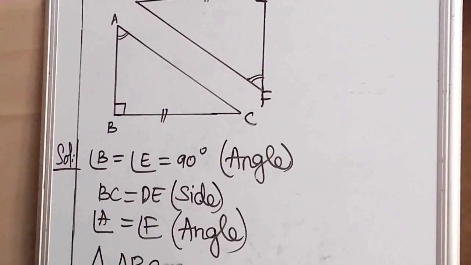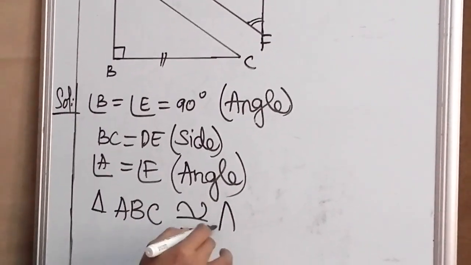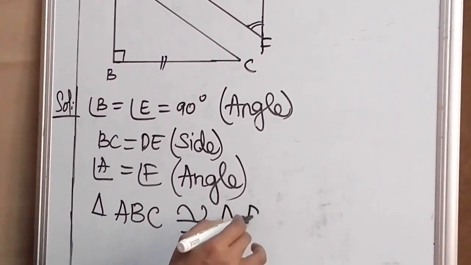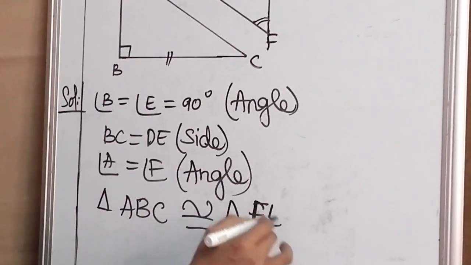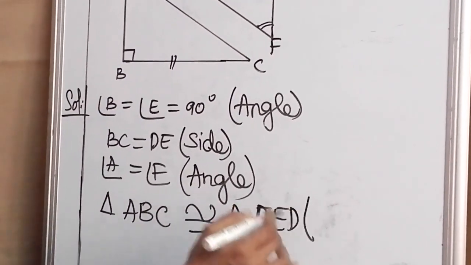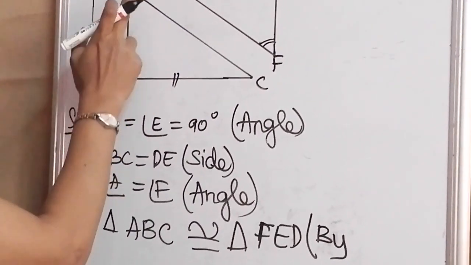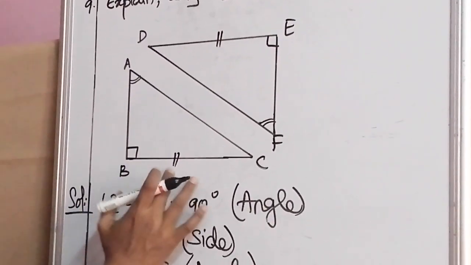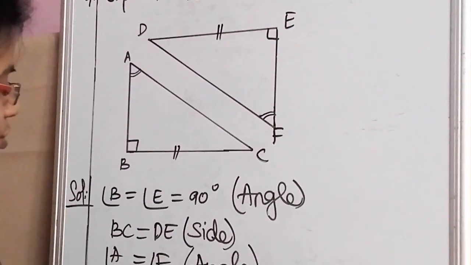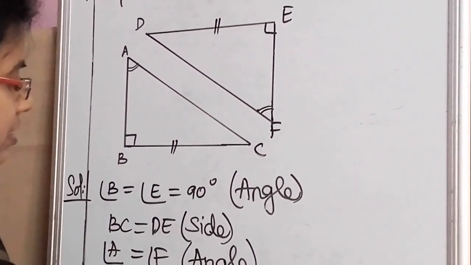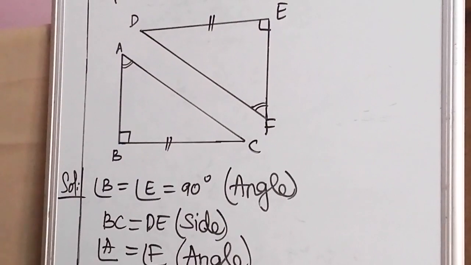Very good. Triangle ABC is congruent to triangle FED by which congruency? These angles are to the other side and this is to the other side. So, by AAS, that is angle, angle, side. Understood this?